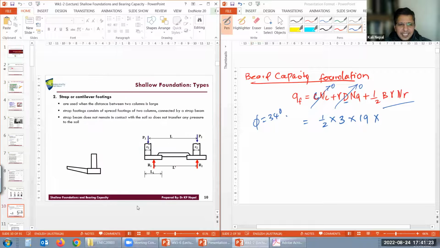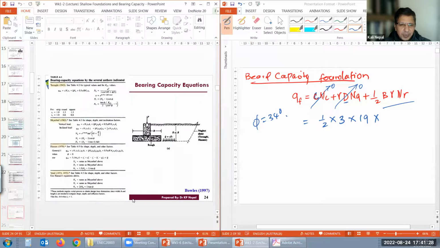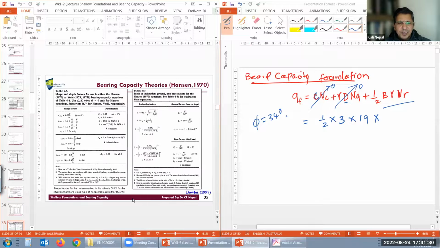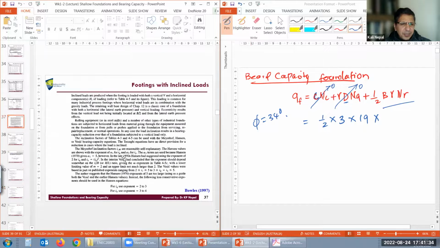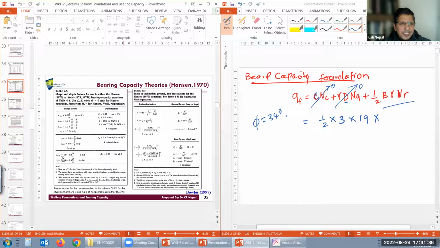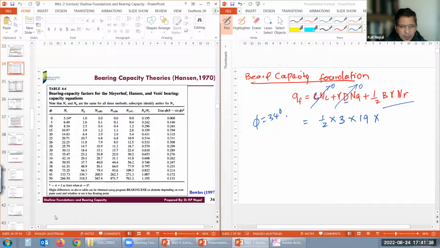You can use the correction factors too, but I'm not going to do that now. Let's check the Hansen theory. That's the table. 34, is it? So N gamma is what? Let's use the Hansen one.